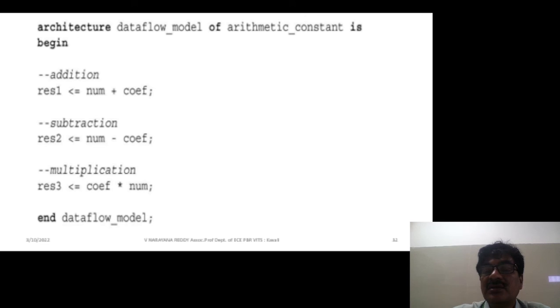First of all, it shows the addition operation, that is the usage of the plus symbol between input and constant, and the result is loaded in register 1. So the input number, an 8-bit number, plus the constant, also an 8-bit number, are added and the result is loaded in register 1.